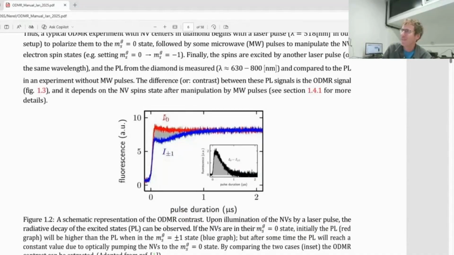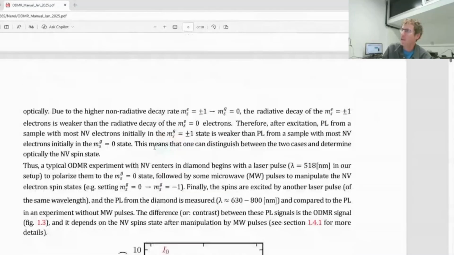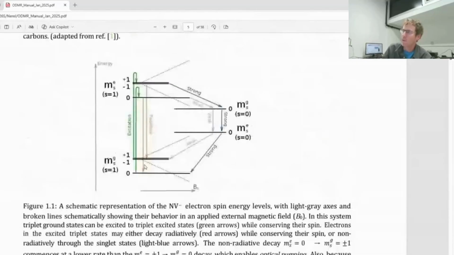You can see here that when you're in the 0 state, you have more fluorescence, and in the plus minus state, you have less fluorescence. That is because of the way those energy levels are being repopulated through some non-radiative transitions here.